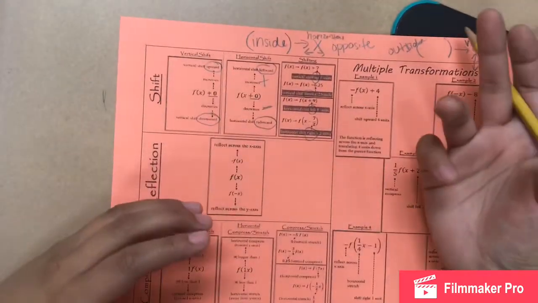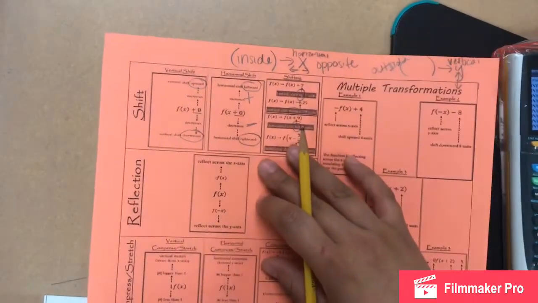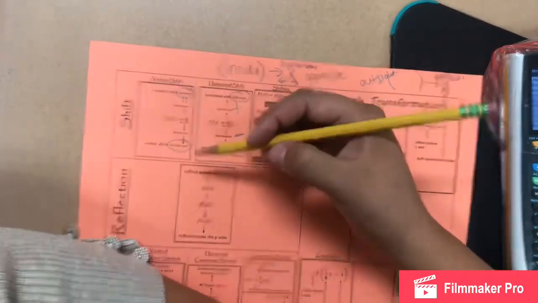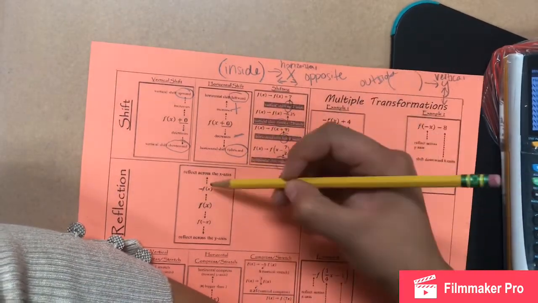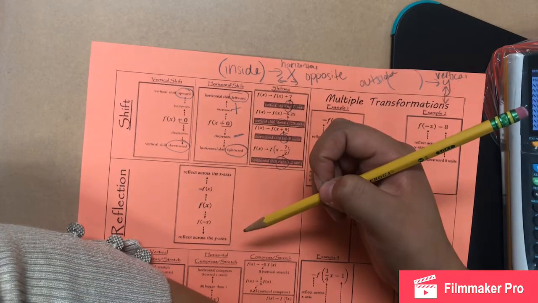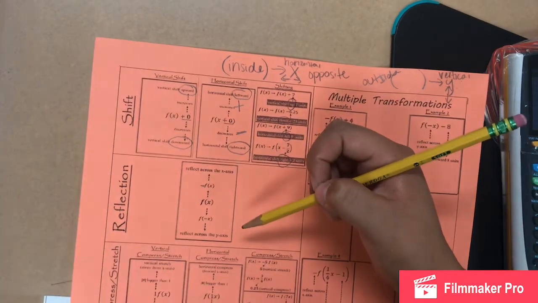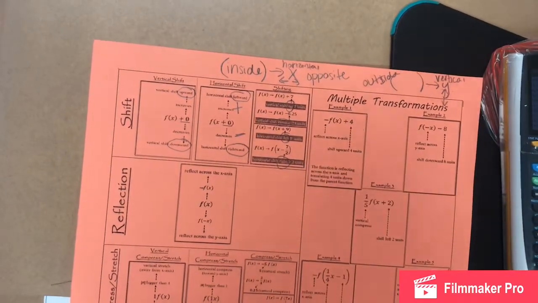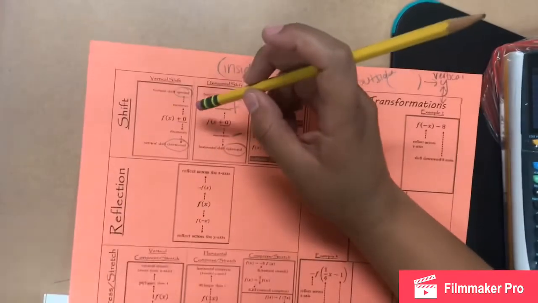Think inside the parentheses is x, outside the parentheses is y. So, if I see this negative, do you see how it's in front, but it's outside the parentheses? The negatives are the only thing that are different, okay?